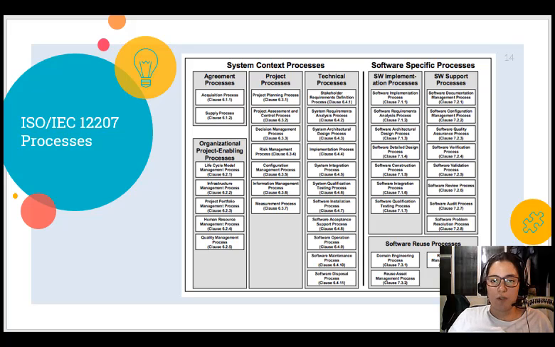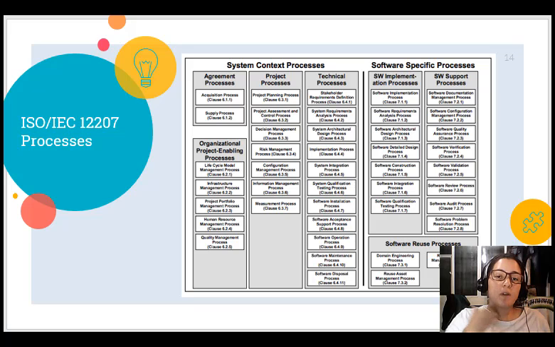Second, organizational project-enabling process. The organizational project-enabling processes manage the organization's capability to acquire and supply products or services through the initiation, support and control of the projects.